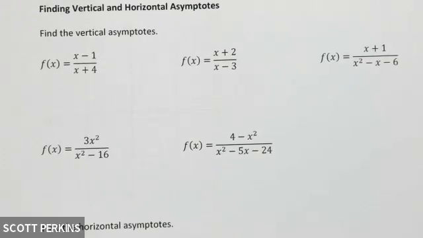Where did the vertical asymptote occur when we graphed the reciprocal function and the reciprocal square function in the previous section? I just happen to have the sheet right here.